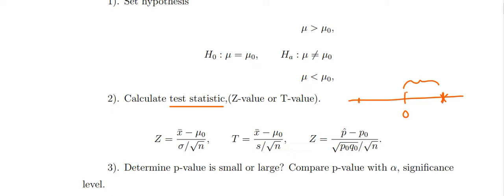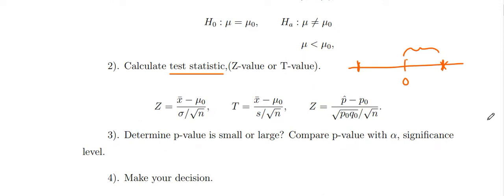Sometimes we call this a z value, sometimes a t value. We check whether this number is big or small using the z table or the t table. If it is a z value, check the z table. If it is a t value, check the t table. How do we determine whether it is z or t? Check sigma, the population sigma.